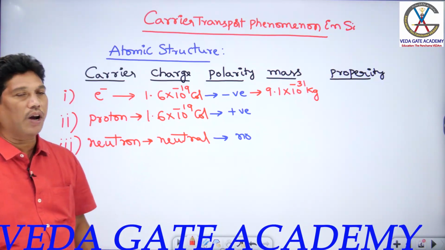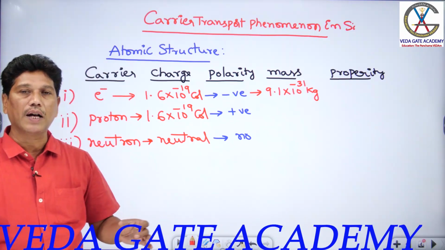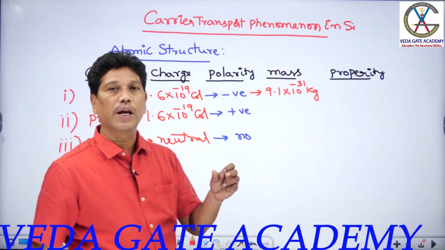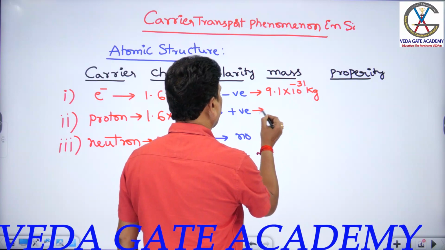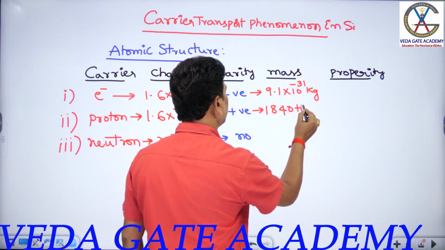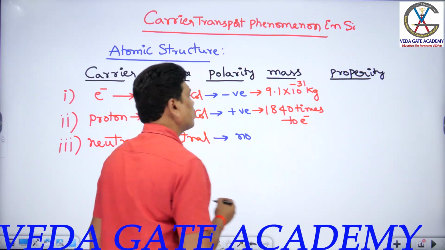And for the proton, the proton is a heavy particle in the given atom, and its mass is nearly 1840 times that of the electron.